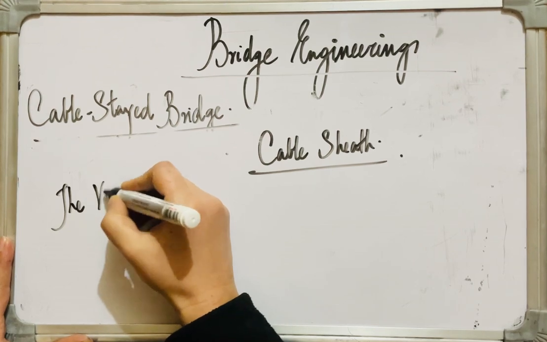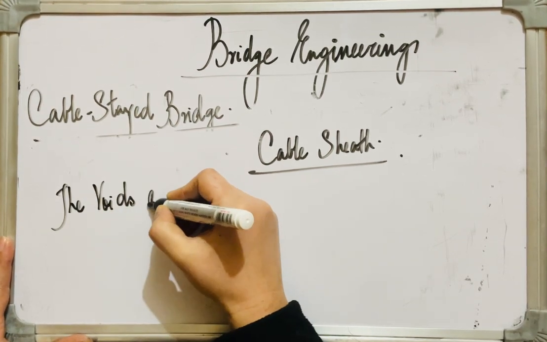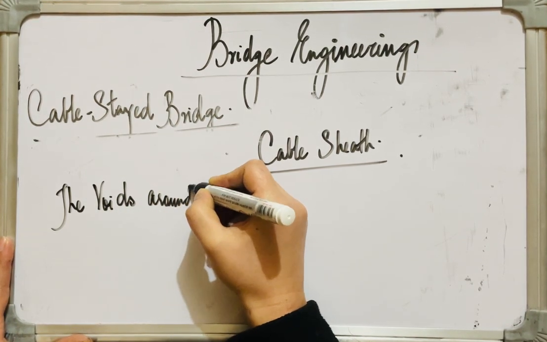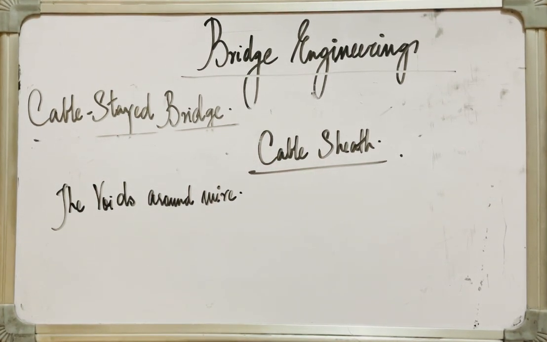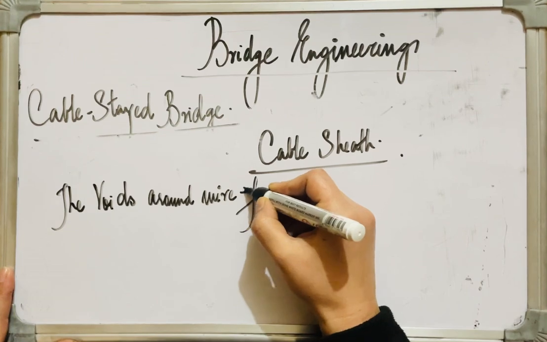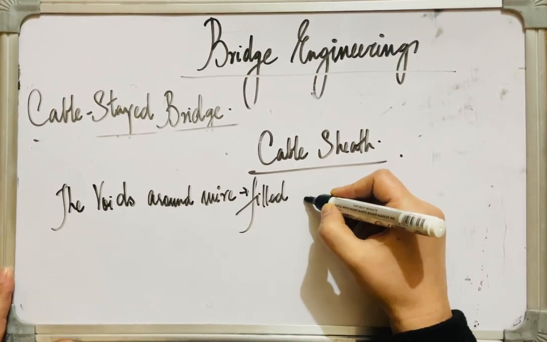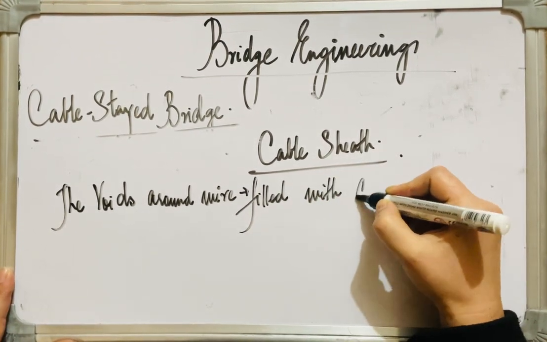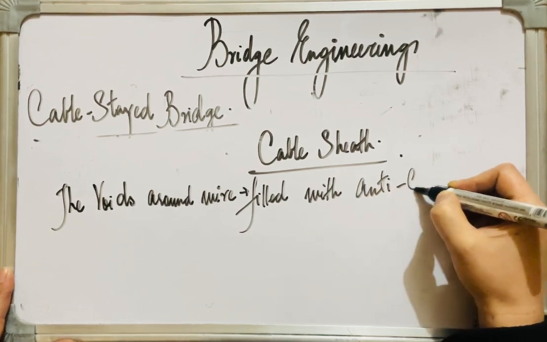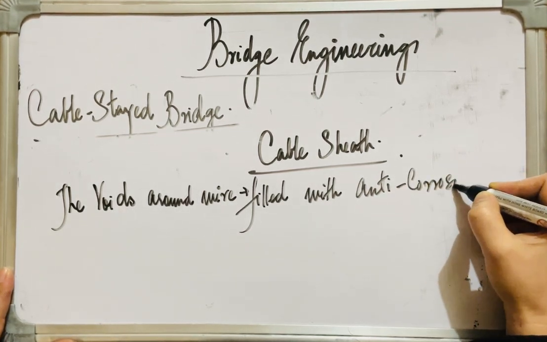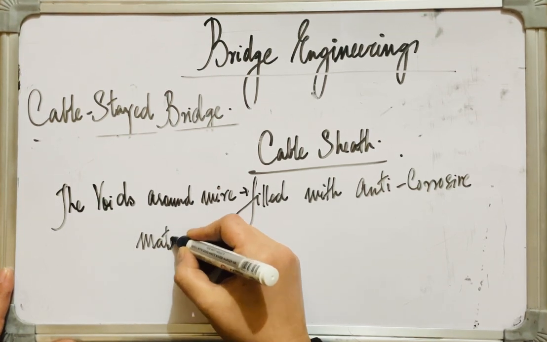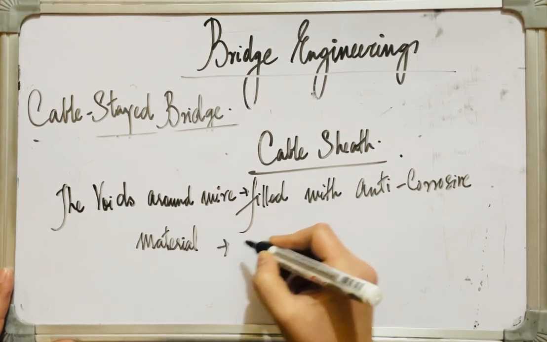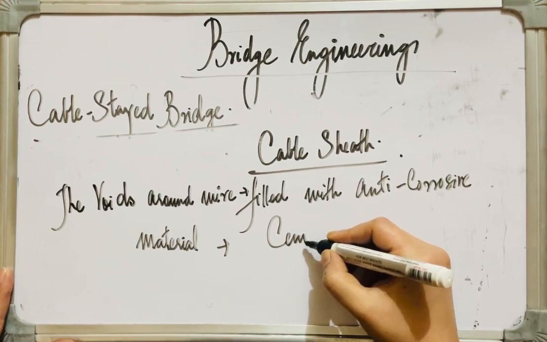The voids around the wires, when we place them in this sheathing, are then filled with some anti-corrosive material, that is, mostly we use cement grout.